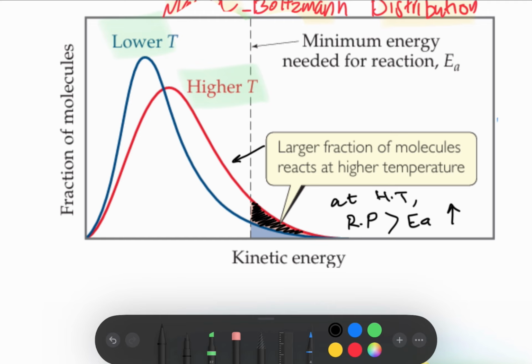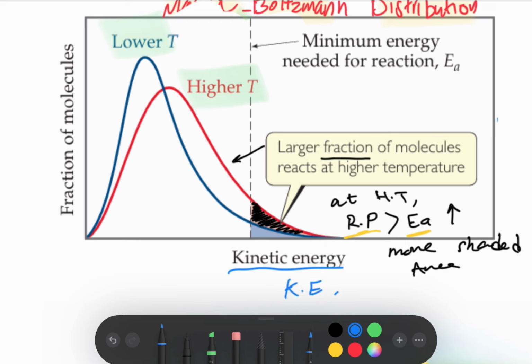So that's why you have more shaded area. The shaded area represents the fraction or portion of particles with energy greater than the activation energy.